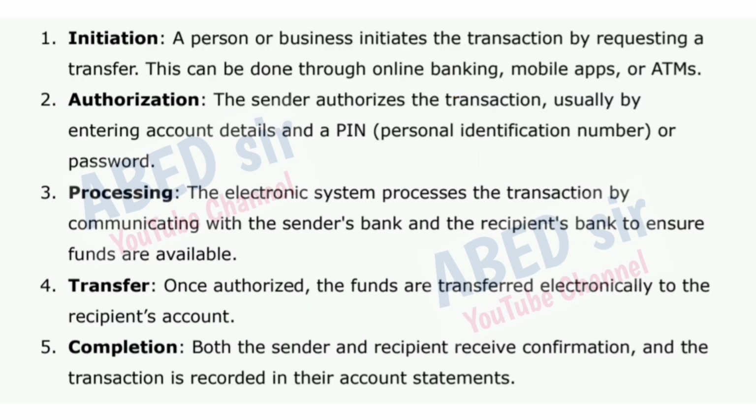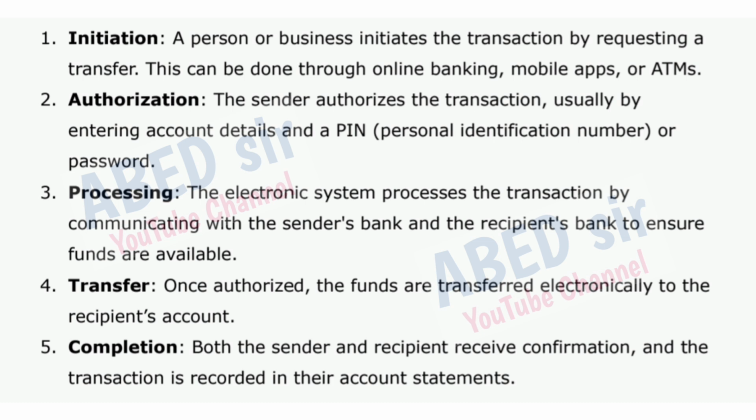1. Initiation. A person or business initiates the transaction by requesting a transfer. This can be done through online banking, mobile apps, or ATMs. 2. Authorization. The sender authorizes the transaction usually by entering account details and a PIN, personal identification number, or password. 3. Processing.